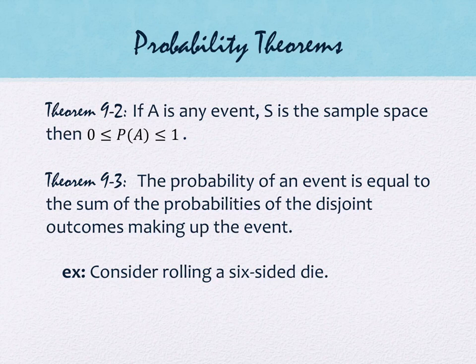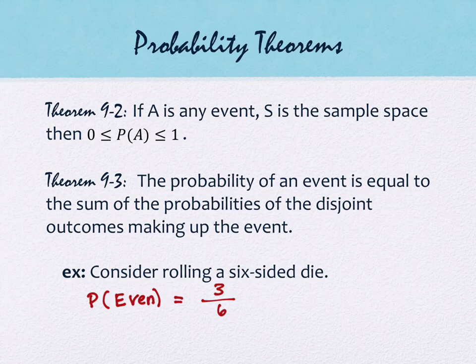So if I want to consider rolling a 6-sided die, for example, we could talk about the probability of rolling an even. What I could do is say, okay, how many even numbers are there on the die? 3. How many different options are there on the die? 6.